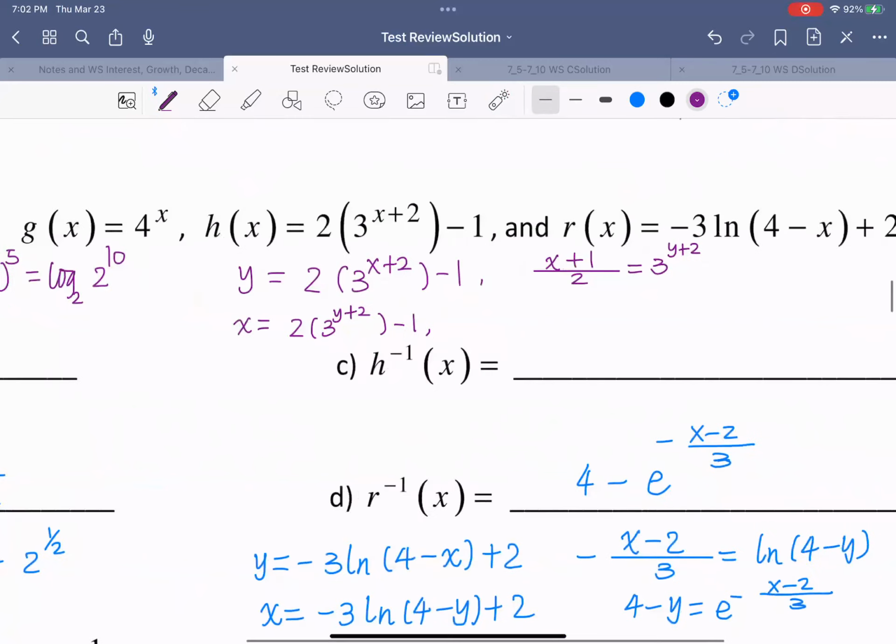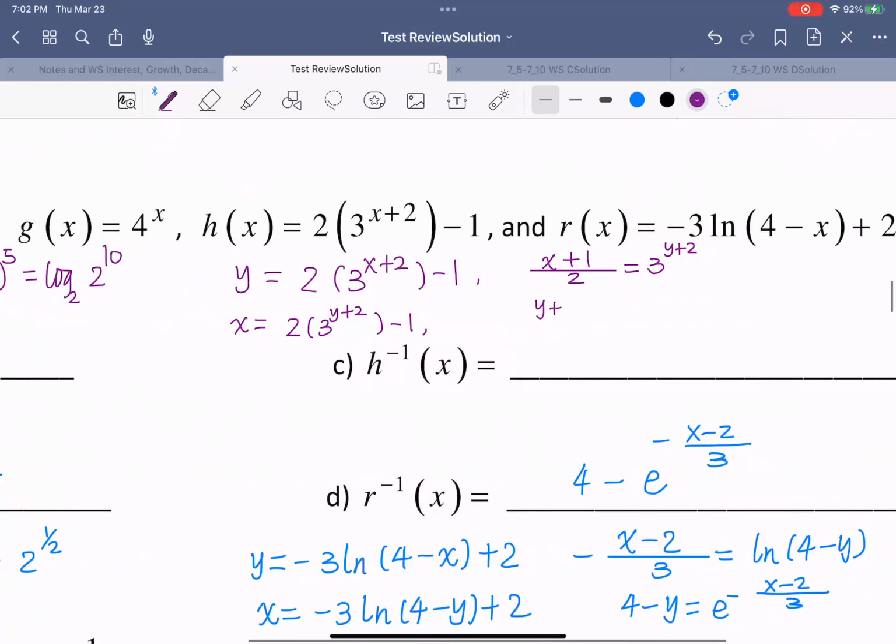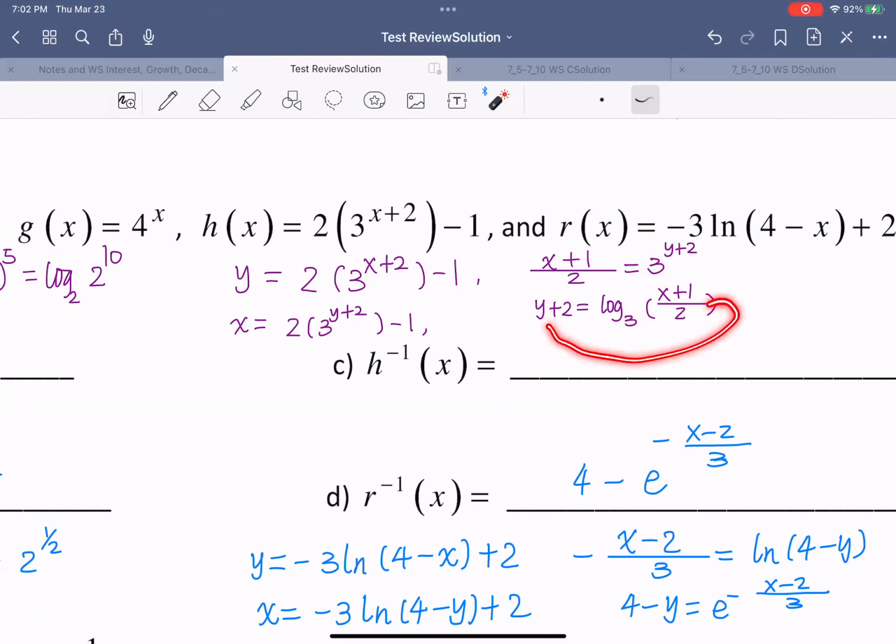Y plus 2 equals log 3, yes, and then x plus 1 over 2, right. This is the base. This is also the base location, okay? And then one more step.